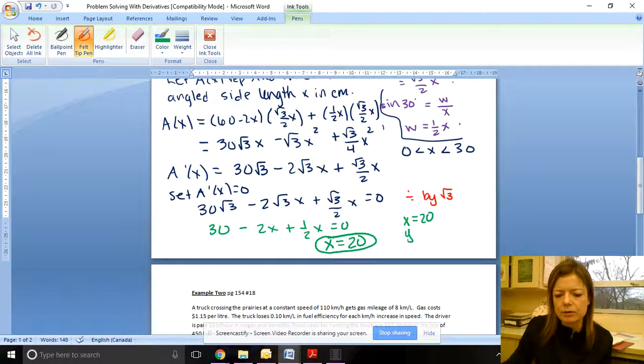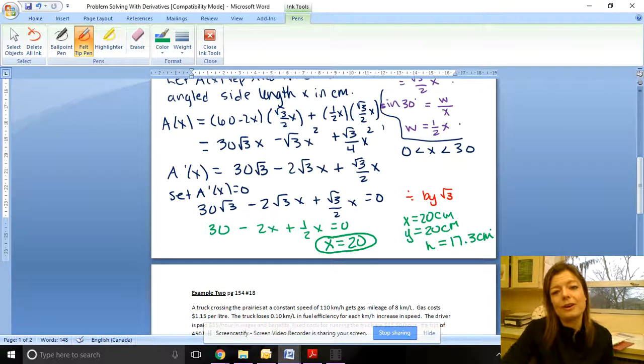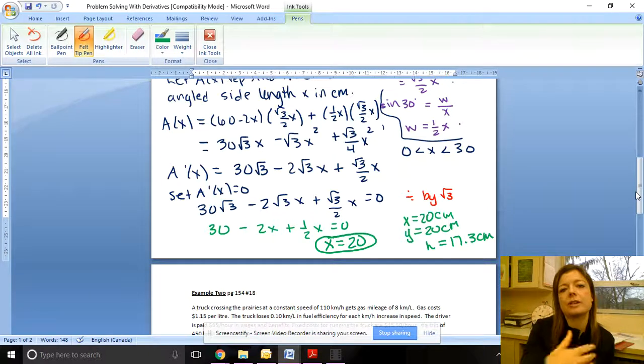Then your y is equal to 20, and your height is equal to 17.3. These are all in centimeters. Hopefully you understood the steps of that. Remember, it's all about creating a function in one variable, making sure that the function is what is actually being asked to optimize, and then it's all up to your algebra skills and your ability to take derivatives after that.